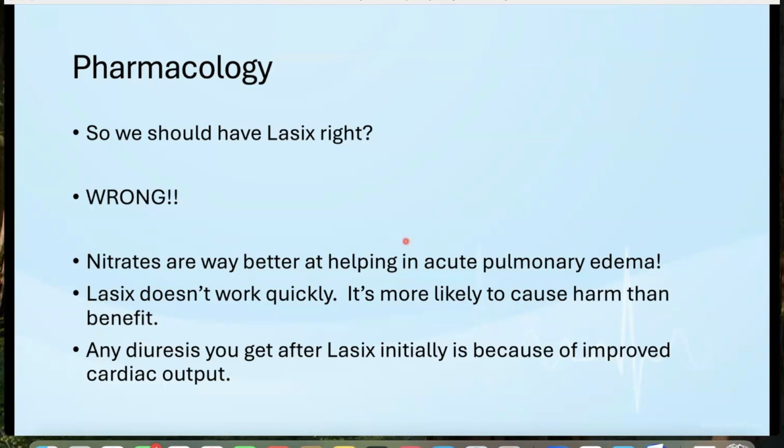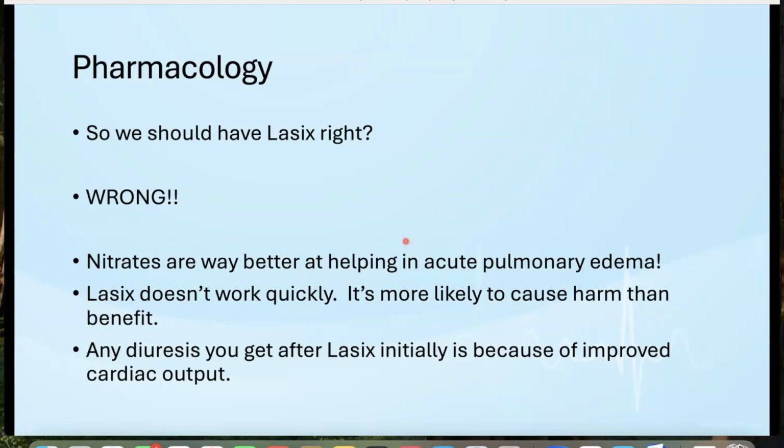We also know from some studies that were done both in EMS and in the emergency department, that all of us are horrible at determining based on physical exam alone whether this is a CHF exacerbation or pneumonia. It's literally a coin toss, 50-50.